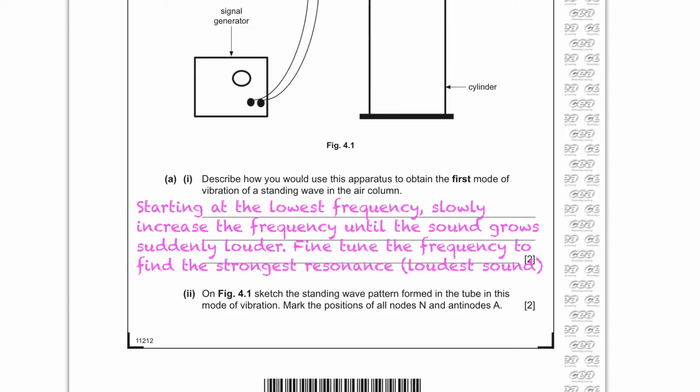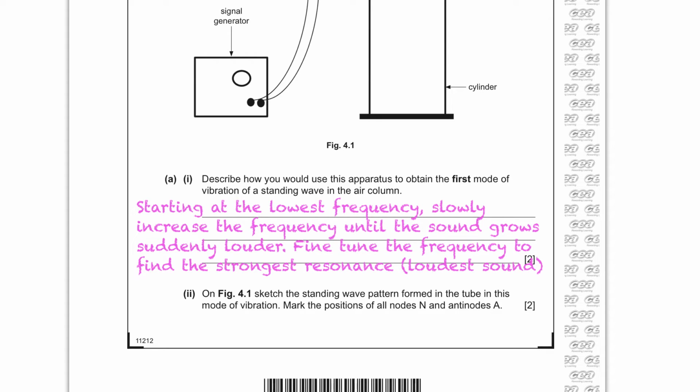So something like this: start at the lowest frequency and slowly increase the frequency until the sound grows suddenly louder. Fine tune the frequency to find the strongest resonance or loudest sound. So it'll grow louder and then you adjust to make it as loud as possible. And that's your first mode.